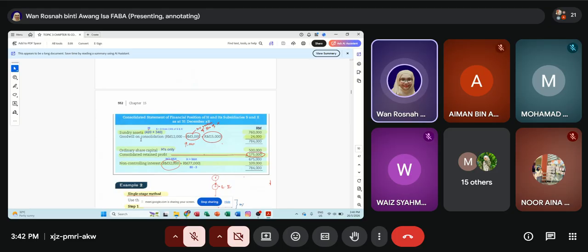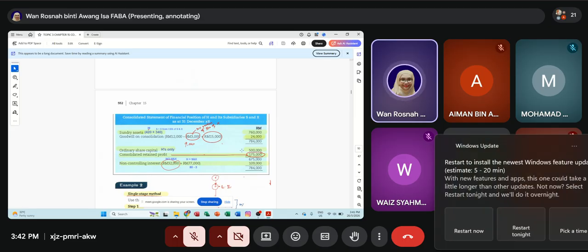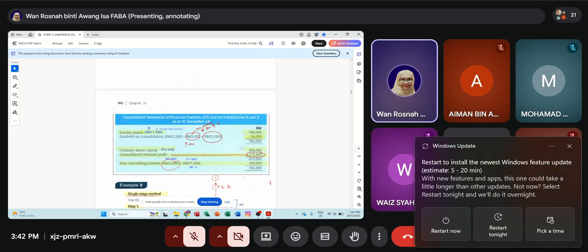So for the goodwill on consolidations, 12,000, which is the consolidation of S plus X, plus 15,000 group consolidation of H plus all the subsidiaries, you less the NCI. So the goodwill on consolidation is 24,000, ordinary share of S only 500,000, and consolidated retained profit you are going to add, okay.